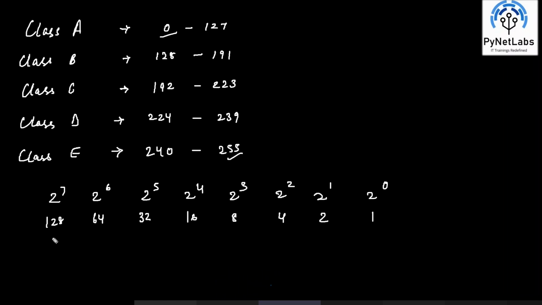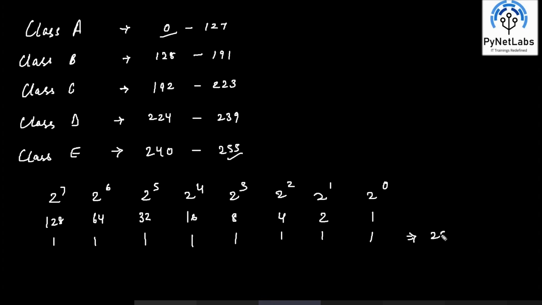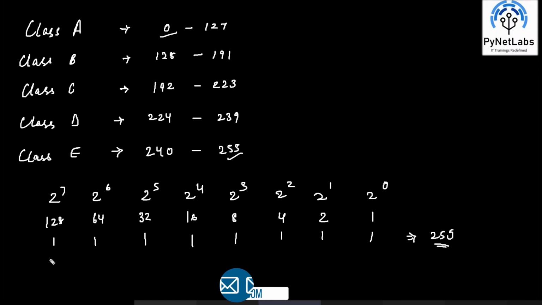If you turn on all the 8 bits of one octet, you will get 255 as your result. You can simply add them together and the result will be 255. And if you turn off all the bits, or we can say we put 0 for all of them, then the result will obviously be 0. So this is the reason why these ranges are available from 0 to 255.